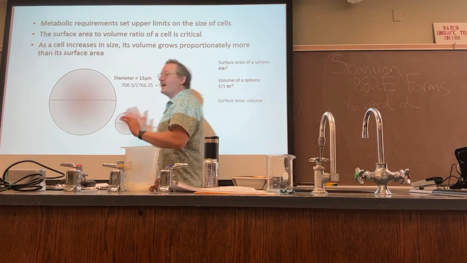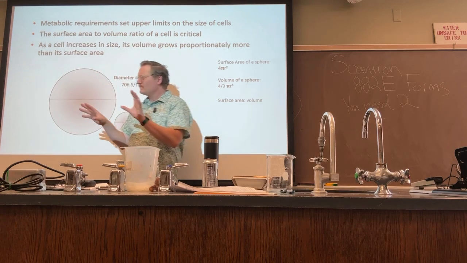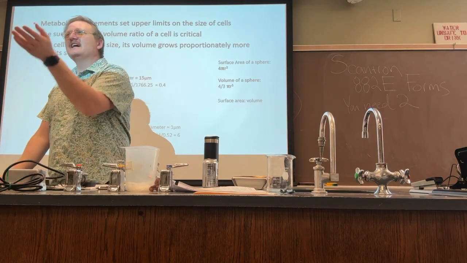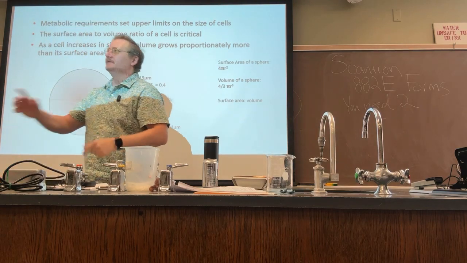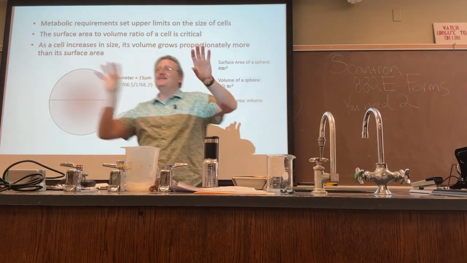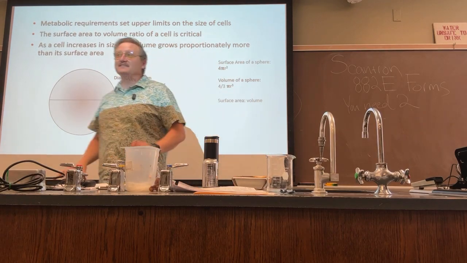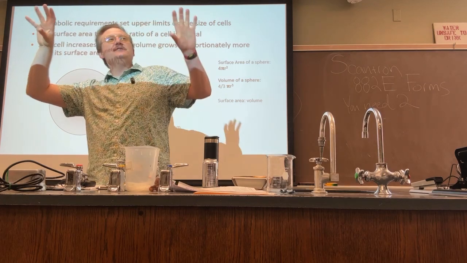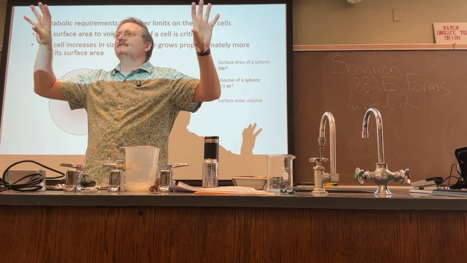Absolutely. So metabolic requirements relate to, well, metabolism in general relates to all the chemical reactions going on in a cell. So if we talked about our basic chemical reaction of reactants and products, right? Metabolic requirements means you need all of the necessary reactants and you need to get rid of byproducts, right?